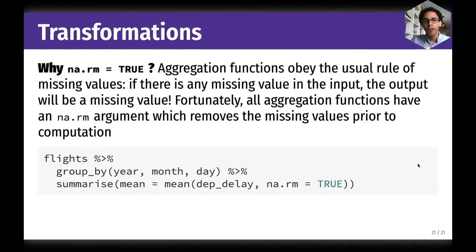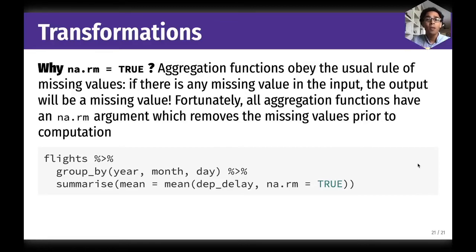You may have noticed in the sequence of steps that we showed to solve that question about the average delay per destination that we used a specific argument in the function mean that computes the average. That argument was na.rm equals TRUE. The reason for that is that aggregation functions obey the usual rule of missing values.